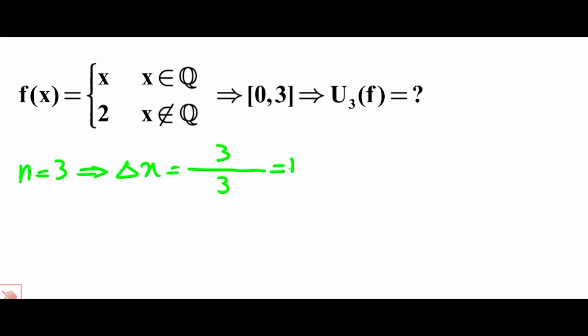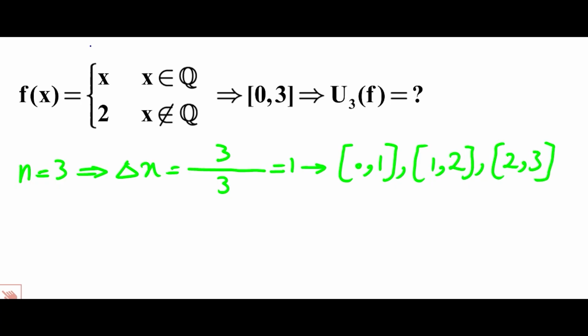So we have 1. So our subintervals are 0 to 1, 1 to 2, and 2 to 3. Step 2. Find the maximum value for each interval. First, 0 to 1. The maximum value is 2.